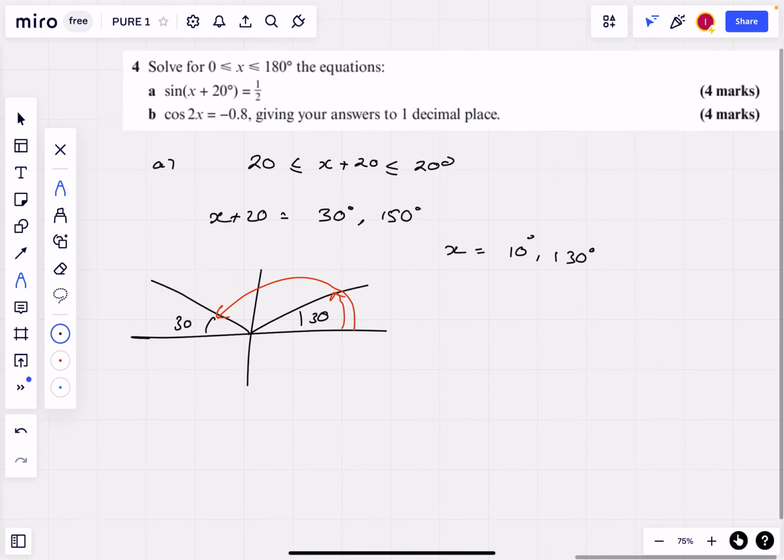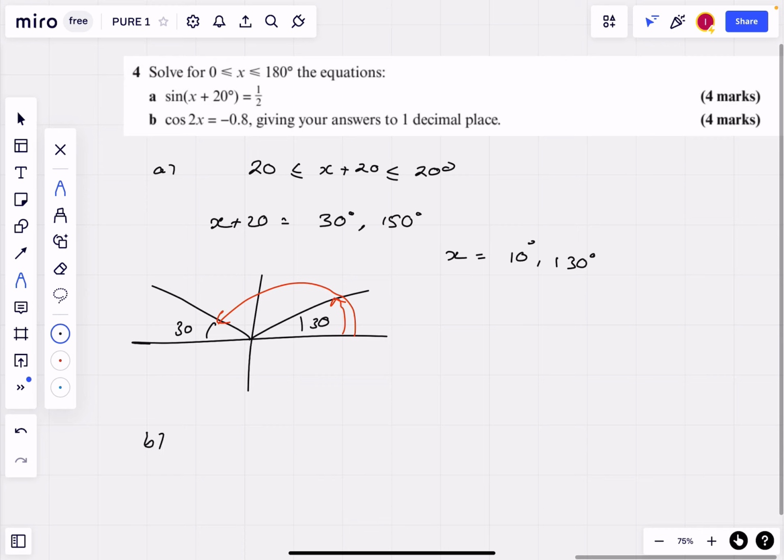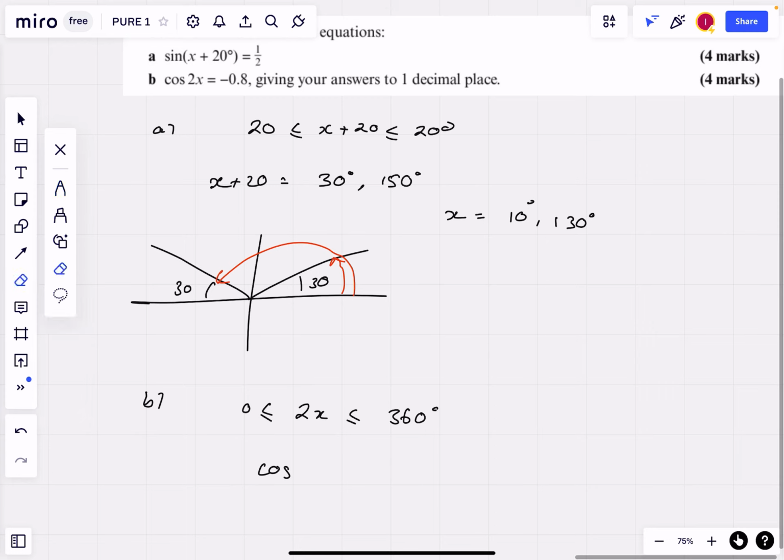Cool. Part B. 0, 2x, 360. Cos minus 1 of minus 0.8 equals 2x. It says give your answer to one decimal place.